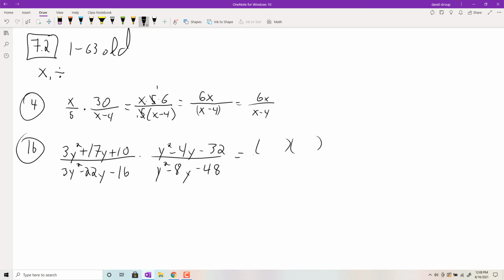So the first thing looks like a 3y, and then maybe a 5 and a 2, and then plus plus. The next portion from the next numerator, y and y, plus and minus 8 and 4, with the 8 negative. Downstairs, 3y and y, it's going to be plus minus somehow, so probably an 8, right?